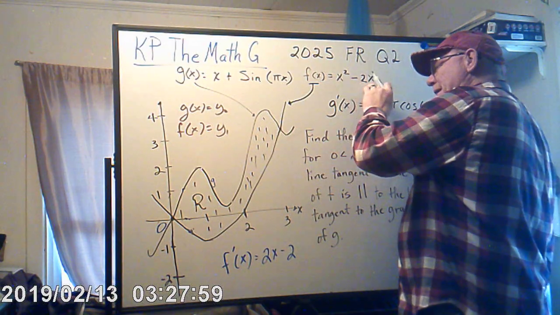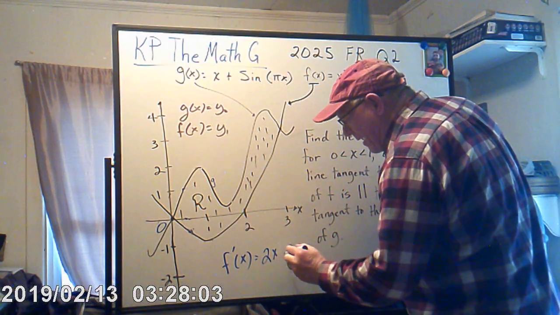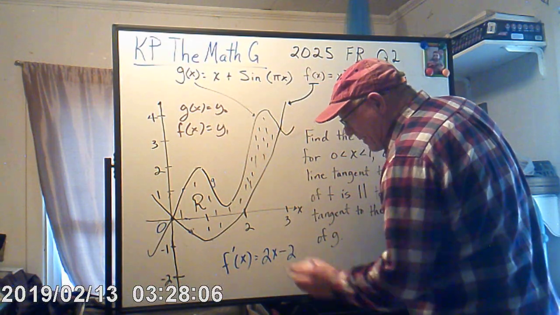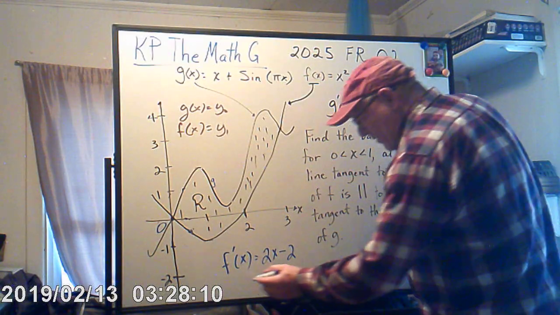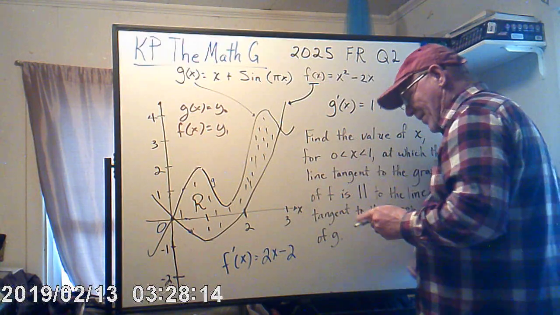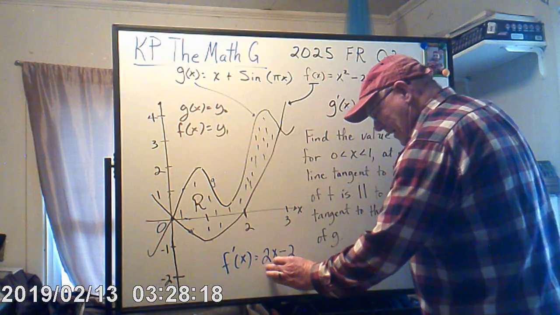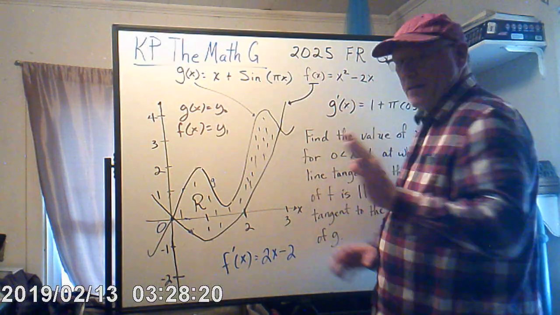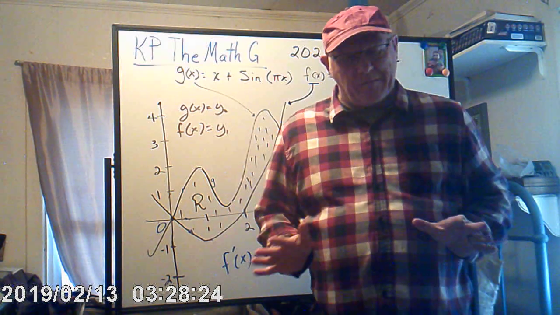So 2x minus 2. If those tangent lines are parallel, the slopes have to be the same. They have to be equal.